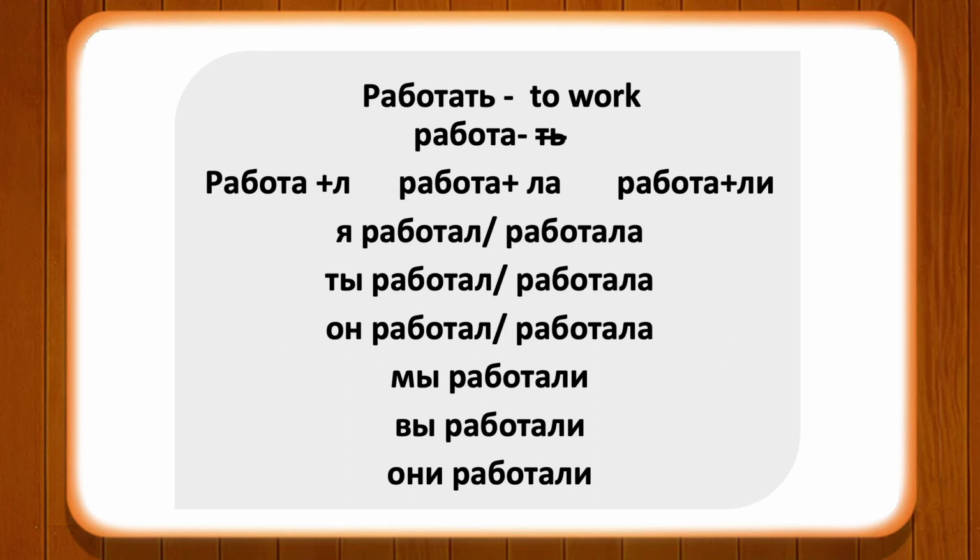Mi rabotali, we were working or we worked. Vi rabotali, you were working. Ani rabotali, it means they were working. Let us again revise it. Ya rabotal, ti rabotal, on rabotal, mi rabotali, vi rabotali, ani rabotali.